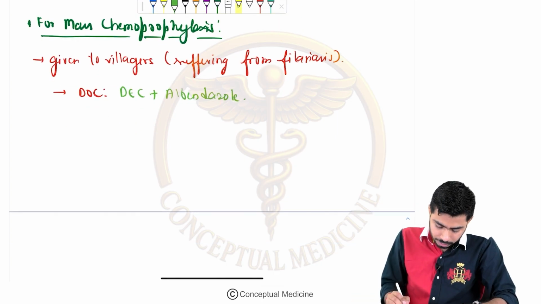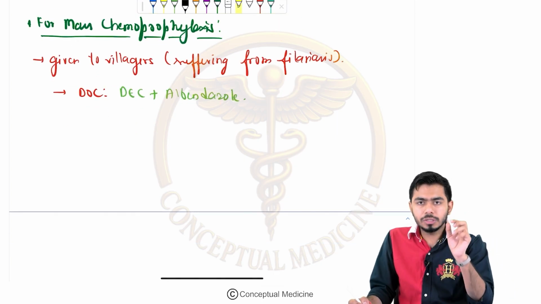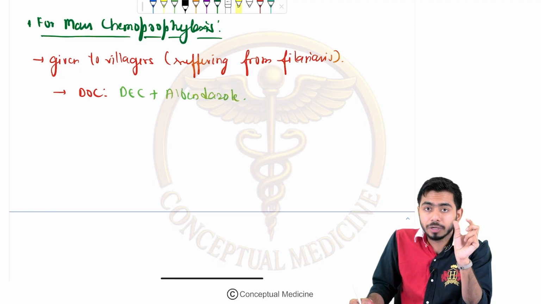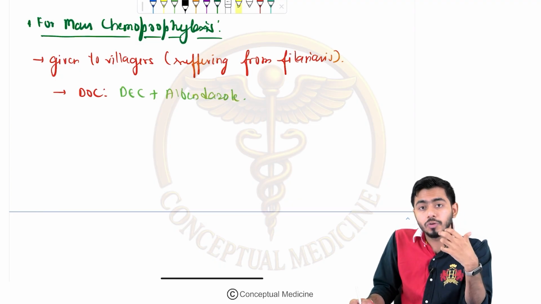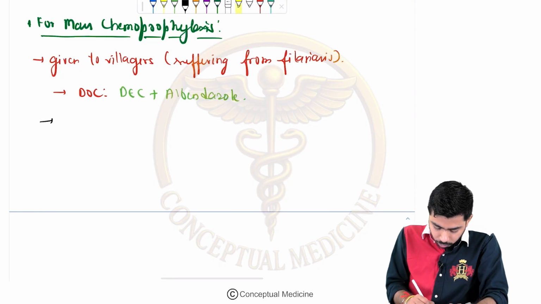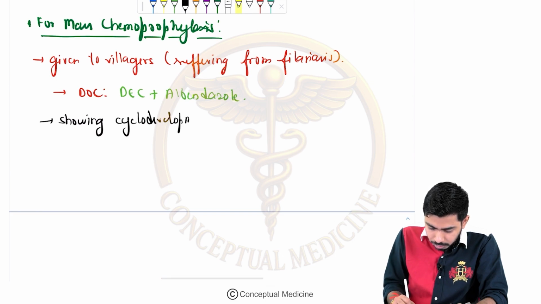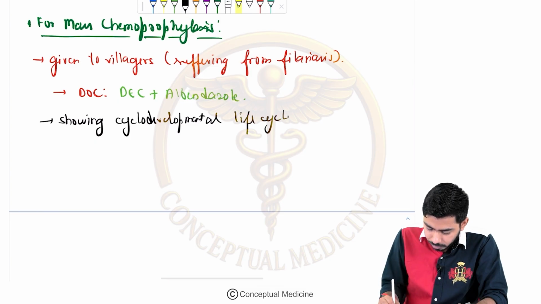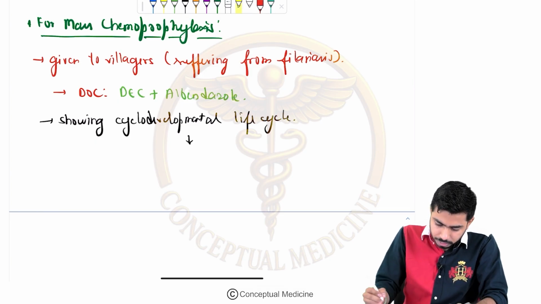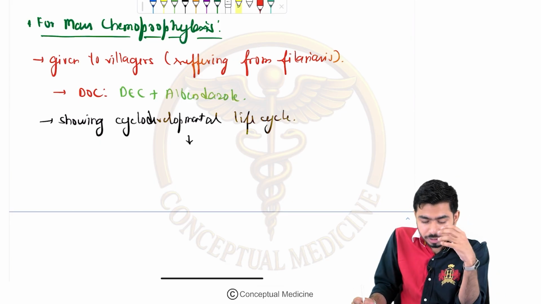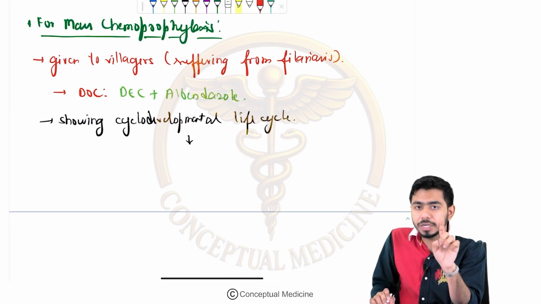Now, if you talk about the larva of Wuchereria bancrofti, it will be showing the cyclodevelopmental life cycle. It means that the parasite will be growing inside the host, but they do not multiply.